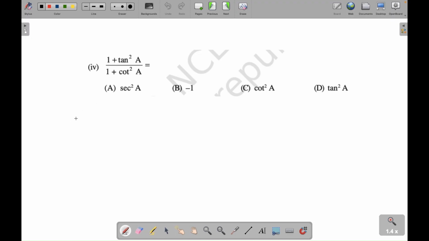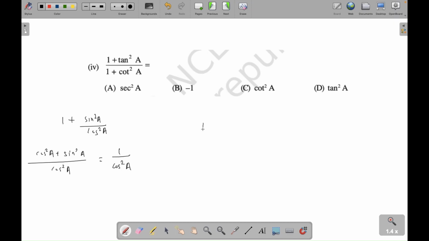Right, so if we solve for the numerator first, so 1 plus sine square A upon cos square A. So this becomes cos square A plus sine square A upon cos square A, which is equal to 1 upon cos square A. So the numerator decomposes to 1 upon cos square A.